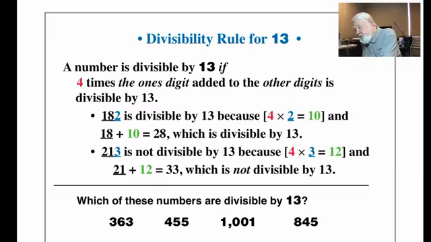And 48 is not divisible by 13, so 363 is not. How about the other 3 numbers there? I've done 1. How about, okay, I see a no there, but I don't see no to what? 213, we're back on the last one, okay.